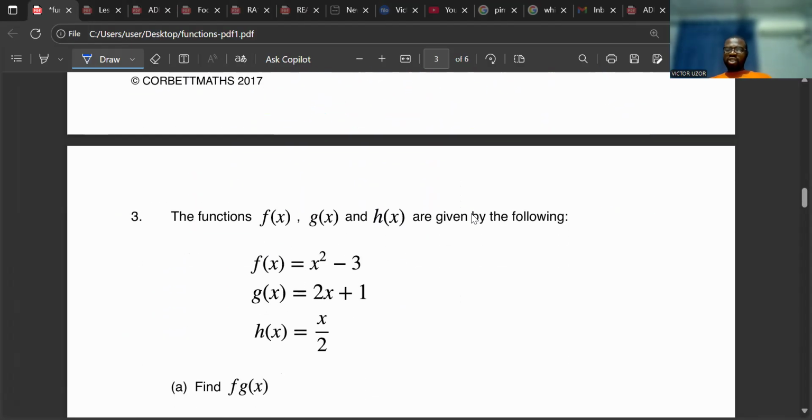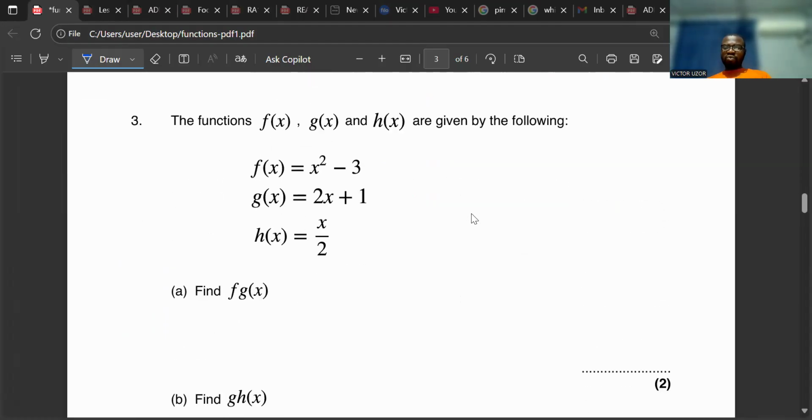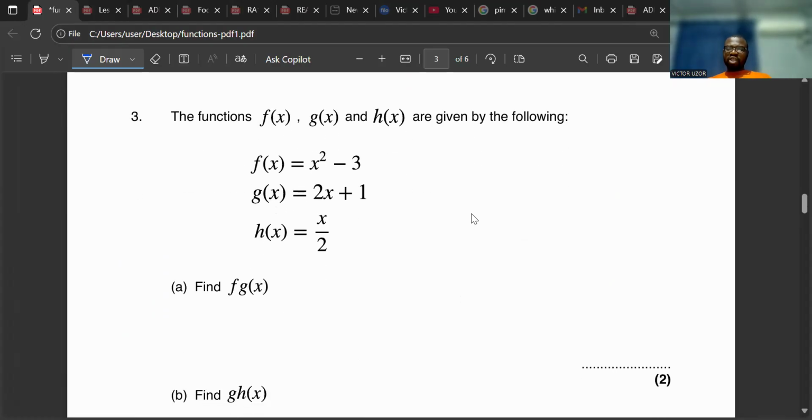So in this place again, we stopped at this one. They say we should find f g of x. So you put g of x in f. So how do I put g inside f? I will now have f in bracket, what is g of x? 2x plus 1. So it is (2x plus 1) squared minus 3.